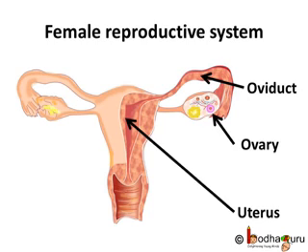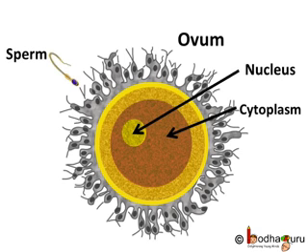In females, generally, a single matured egg is released into the oviduct or the fallopian tube by one of the ovaries every month. Like sperm, the egg or the ovum is also a single cell, but it is much larger than a sperm.